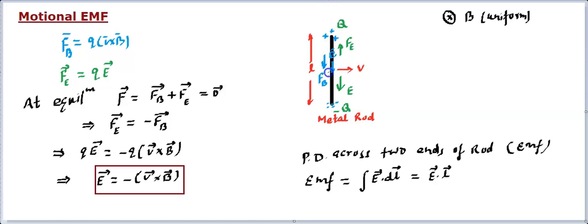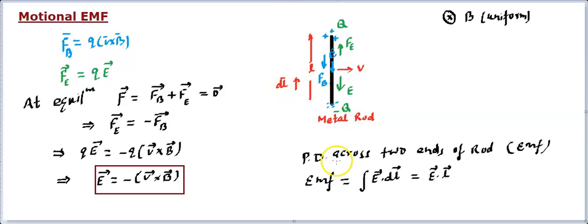So we are considering, let's say, dl in the upward direction. That means dl also requires a direction, so where we are choosing this dl, if we are taking it in the upward direction, then dl for us is going to be in the upward direction. Let me use another color to show that dl is in this upward direction. So this is the direction of dl. That means dl is in the direction of L, right?